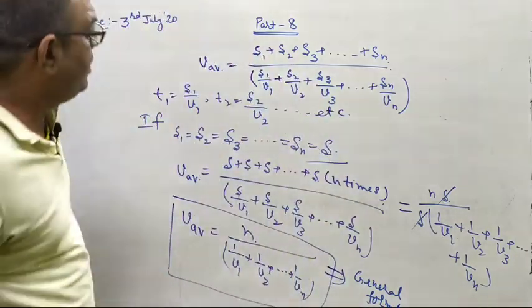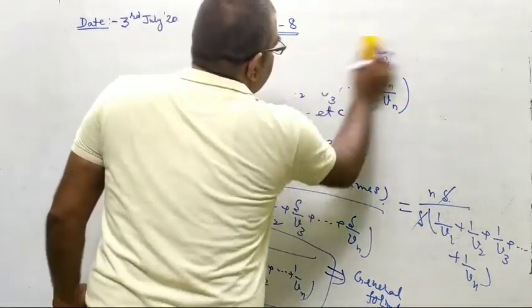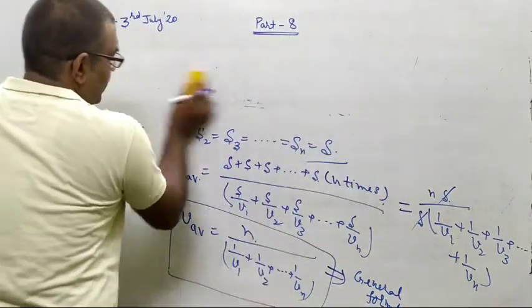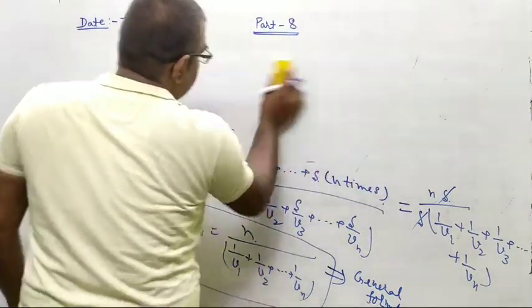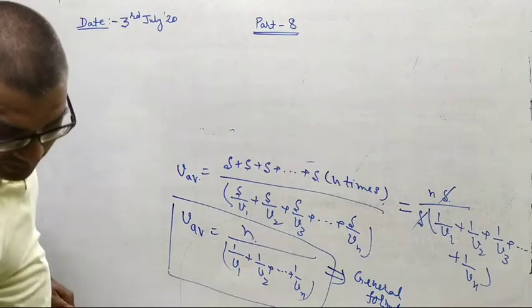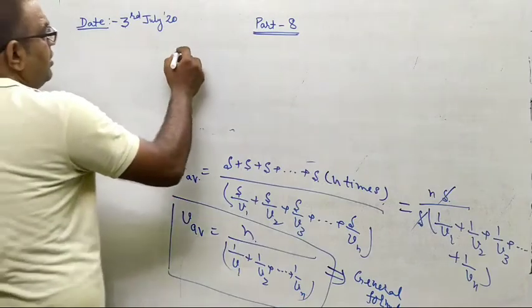Now we are restricting it to three distances. Then what will be the value of V average?